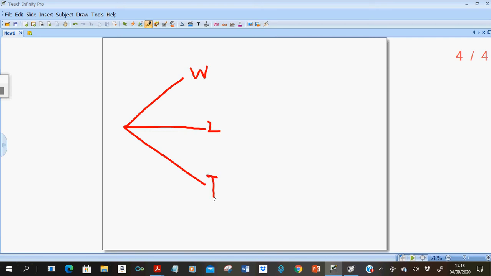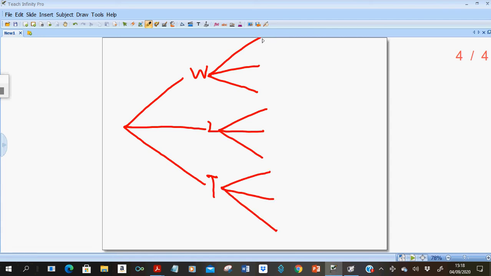But remember, the team played twice, so these branches are going to have further branches. For each branch we'll have 3: a win, a loss, and a tie.